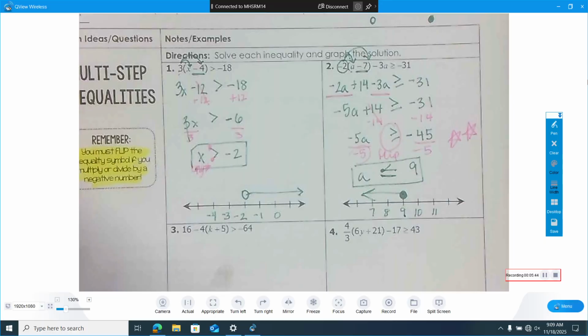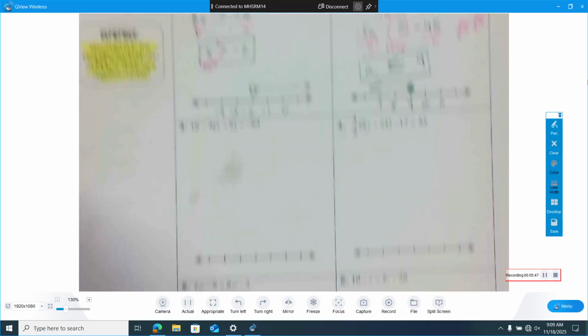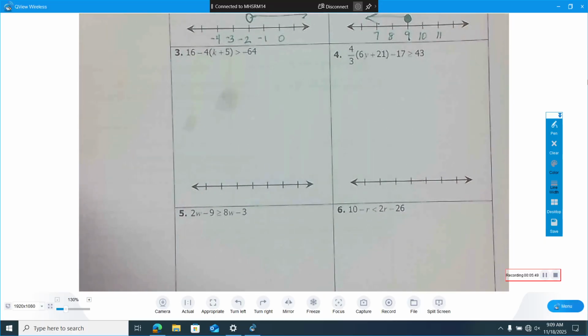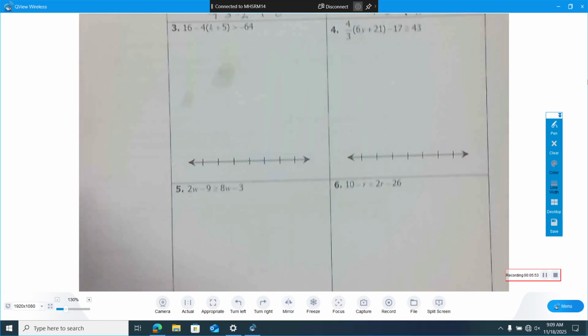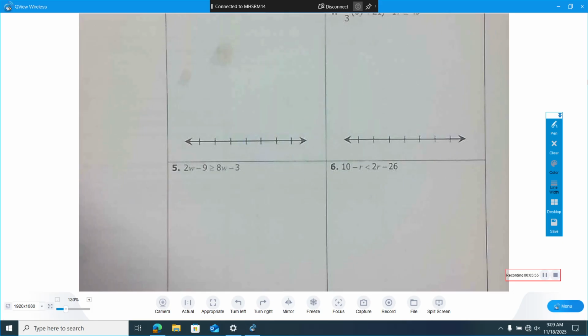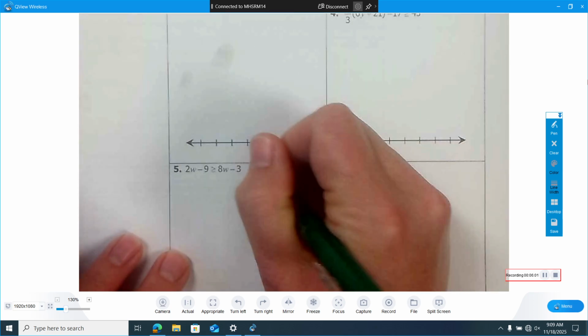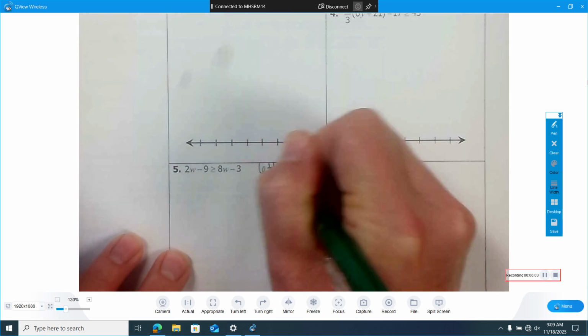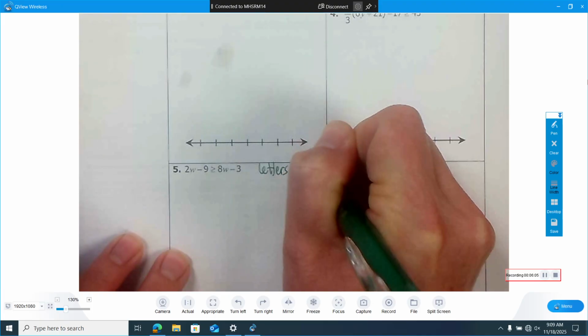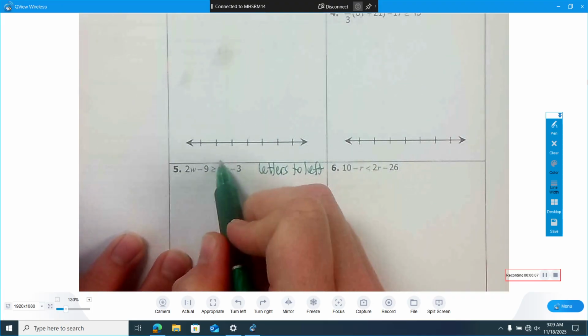Okay, let's look at number 5. Number 5, we have W's on both sides here. What do you guys want to do first? Letters to the left. Very good. Letters to the left. That was my phrase. Letters to the left. And so I want to take this 8W.